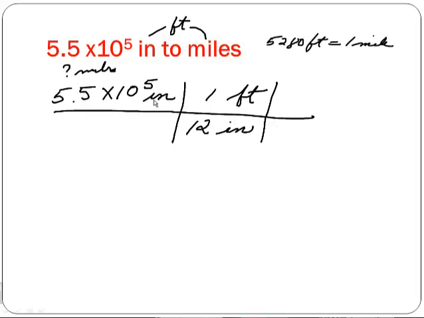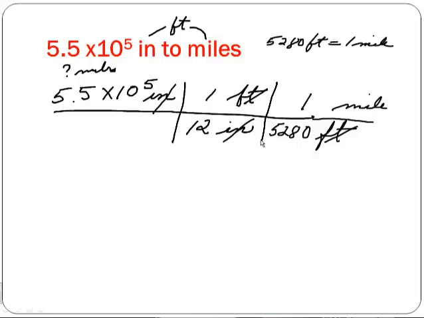And now inches cancel, inches cancel. Feet will be here. I want to end up with miles, so miles in the numerator. 1 mile equals 5280 feet. Feet cancel, miles are left.